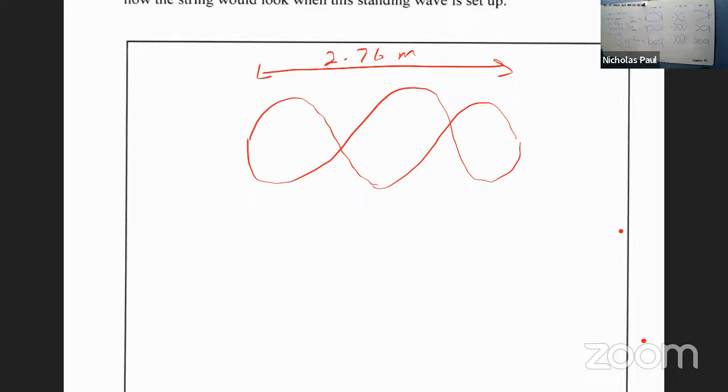So 2.76 is how much of a wave? It should be 1.5. Nice. 3 lambda over 2, and then solve for lambda.